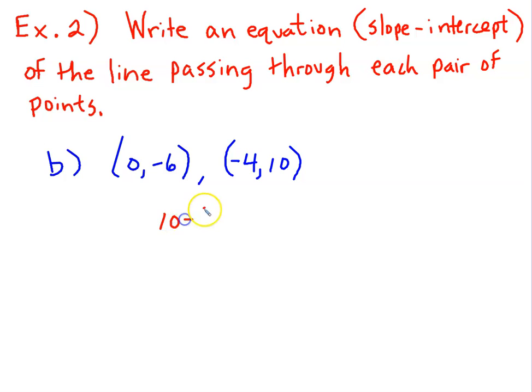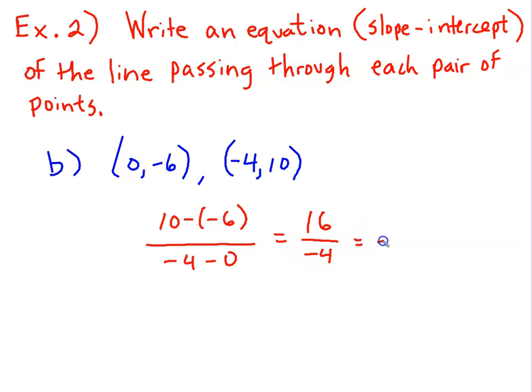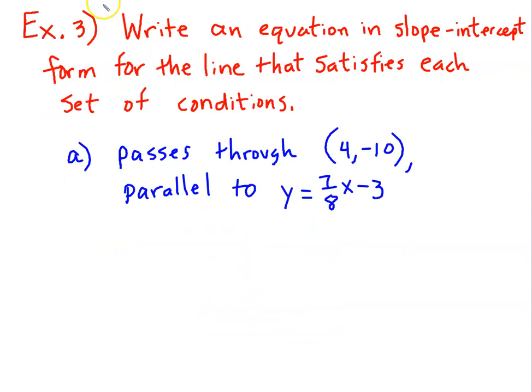So 10 minus -6 divided by -4 minus 0. 16 divided by -4 is -4. So that's the slope. And again, the point 0, -6 represents the y-intercept, that's b. So our answer is going to be y equals -4x minus 6.